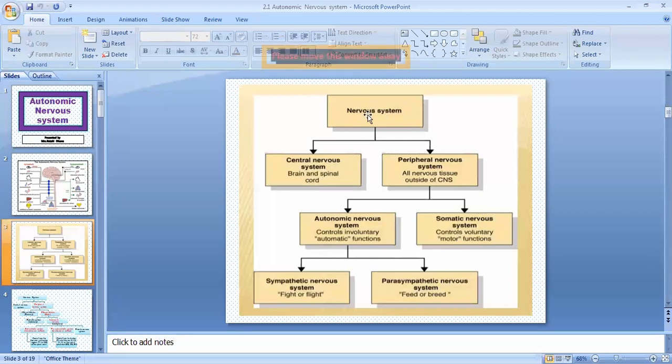The nervous system identifies what type of response is needed, and depending upon that it makes changes in our body. This system is divided into two types, central and peripheral.